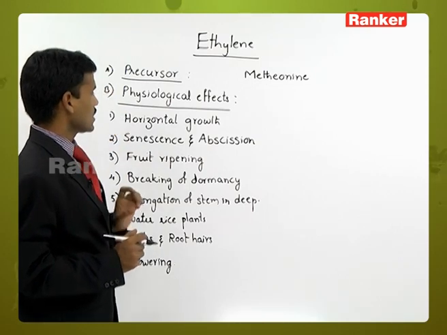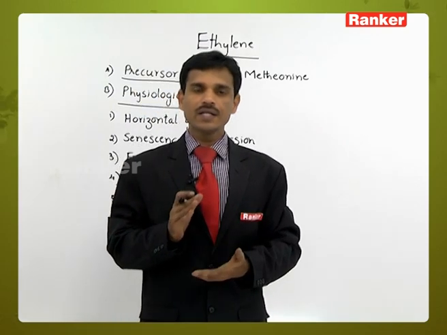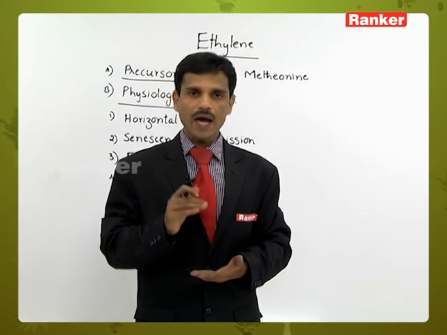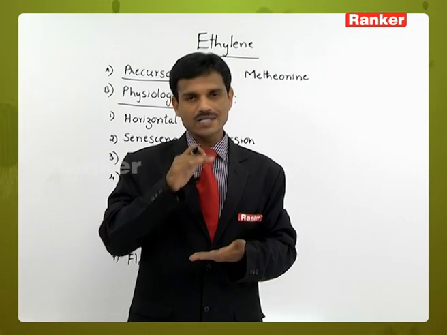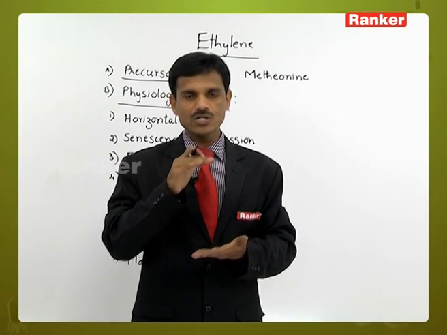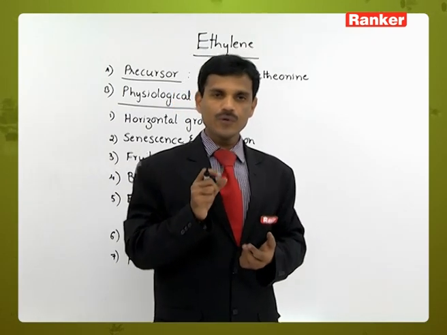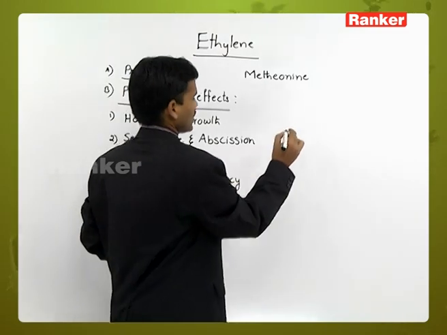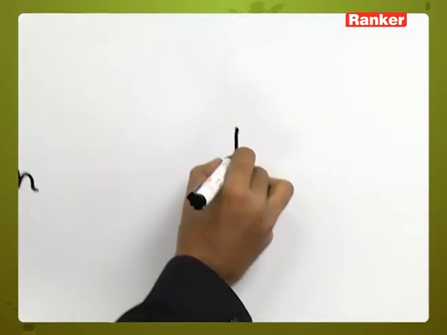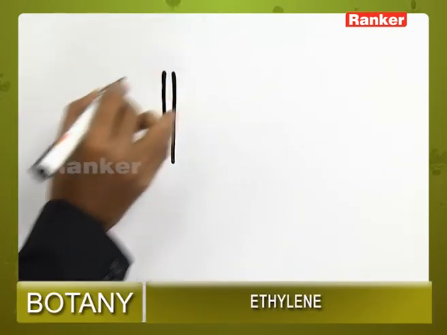First of all, horizontal growth. Here ethylene inhibits the longitudinal growth. Longitudinal growth means the stem, and it produces a very short stem or plumule. Mainly in the plumule at the embryonic stage, the growth is inhibited.